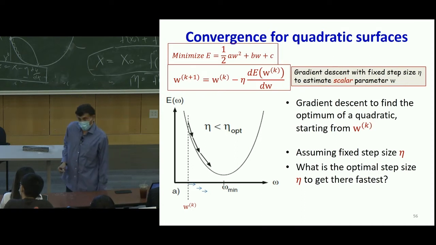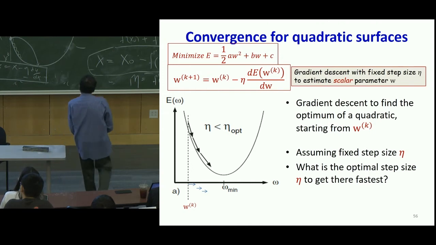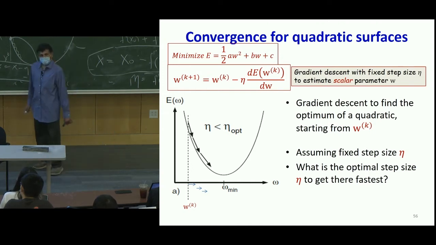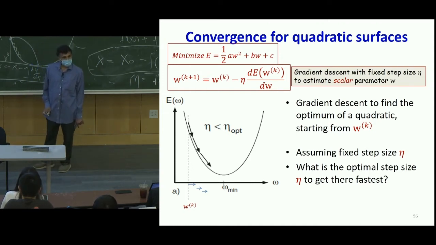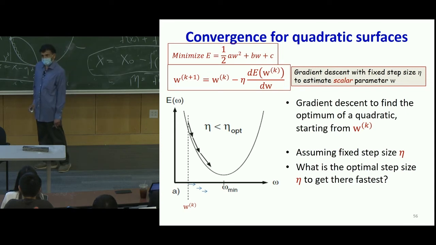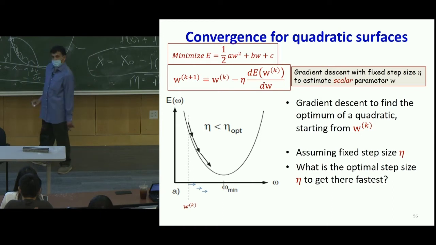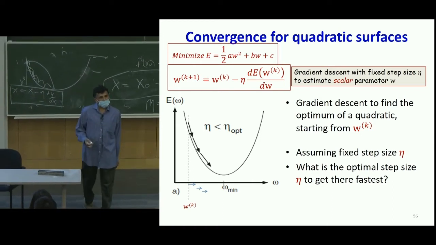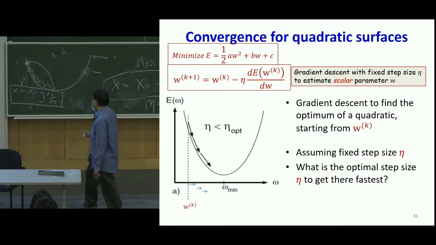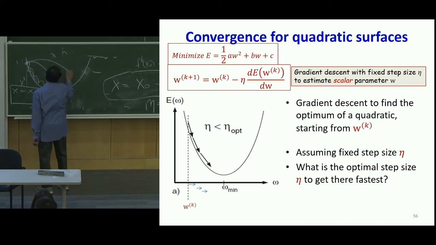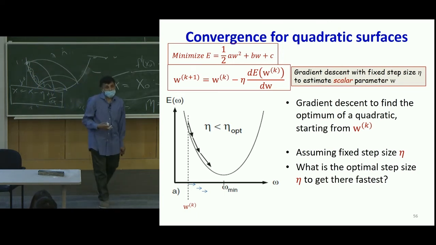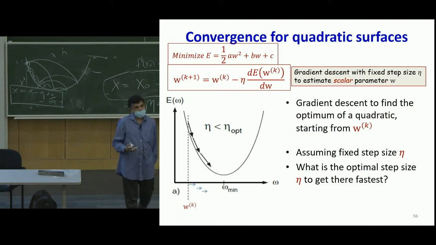Okay. Now let's move on. If my step size is less than the optimal step size, what will happen? I'm going to go like this. What happens if my step size is greater than the optimal step size? I'm going to go here and then back here, right? Is there a step size that's so large that I'm not going to get to the minimum?